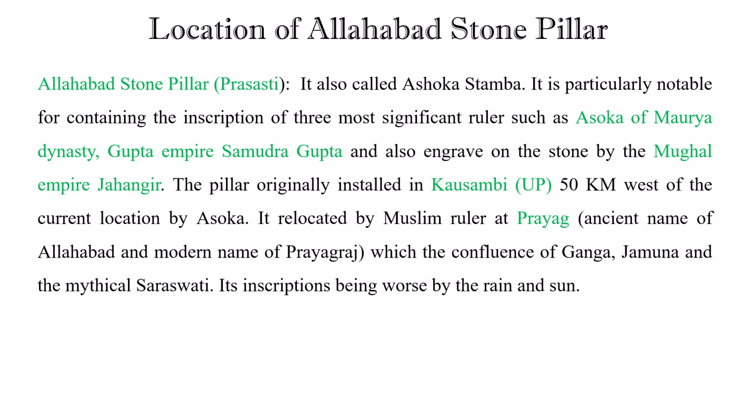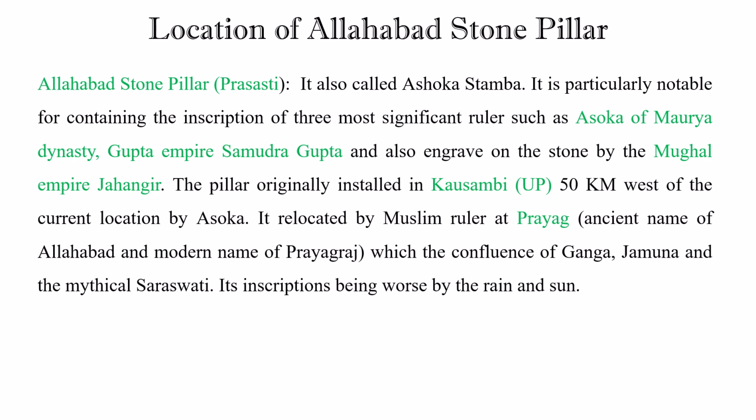Now see the location of the Allahabad stone pillar, which is also called the Ashoka Stambha. It is particularly notable for containing the inscriptions of three significant rulers: Ashoka of the Maurya dynasty, the Gupta Emperor Samudragupta, and also engraved on the stone by the Mughal Emperor Jahangir.